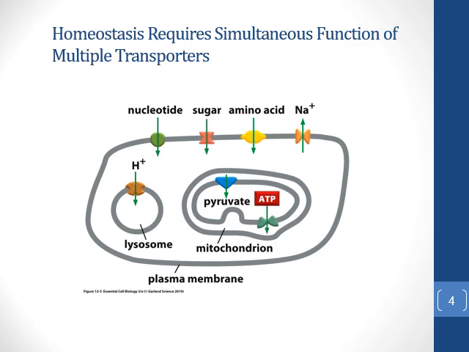Now, toward the end of this section, we will look at how a lot of these proteins work together. And that's what this slide illustrates. That in order for a cell to maintain homeostasis, you're going to have these transporters working all at the same time. You may have, for example, a sodium transporter working on the plasma membrane, moving pyruvate across the inner mitochondrial membrane. We're bringing glucose in, perhaps to use that as a source of energy.